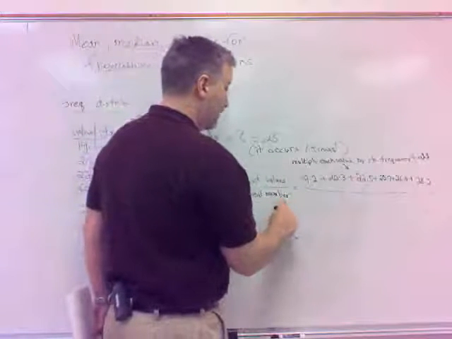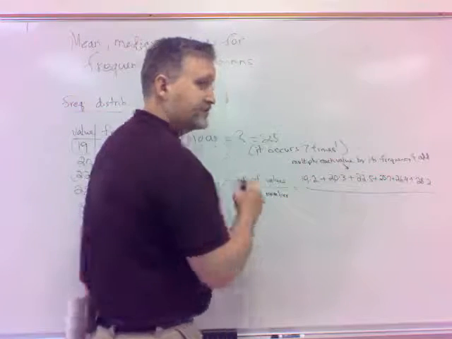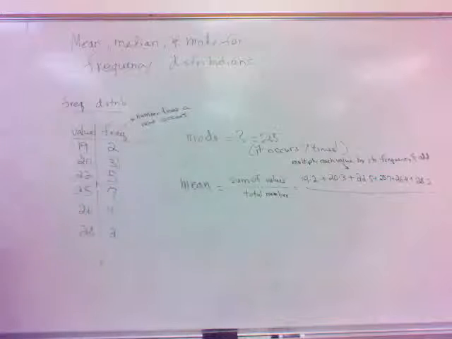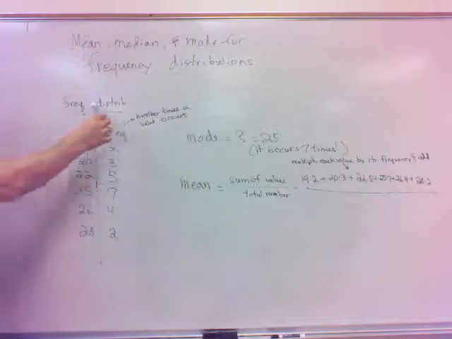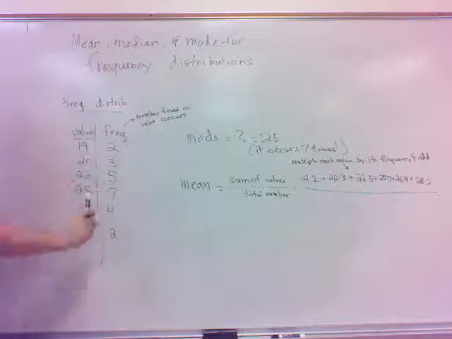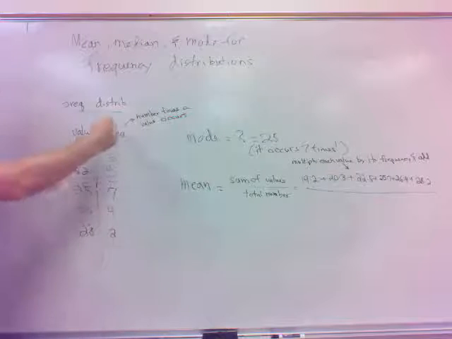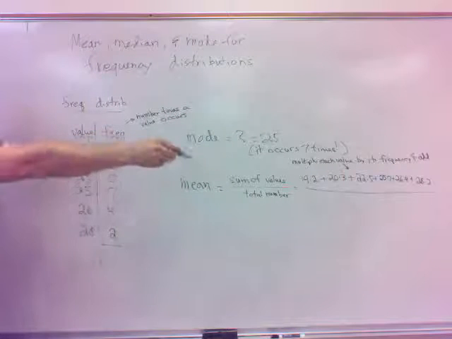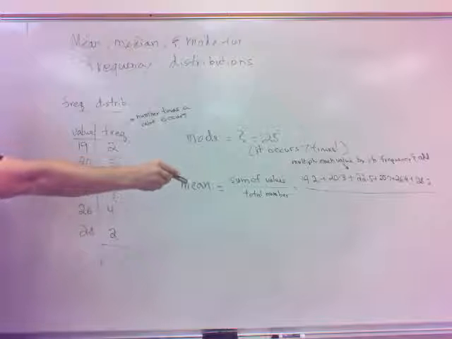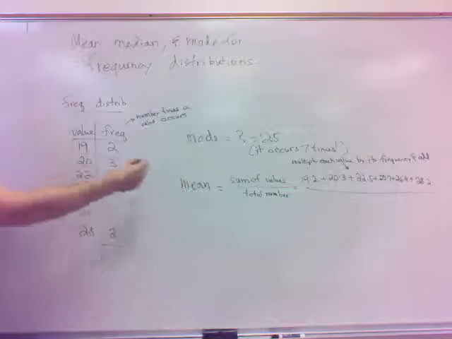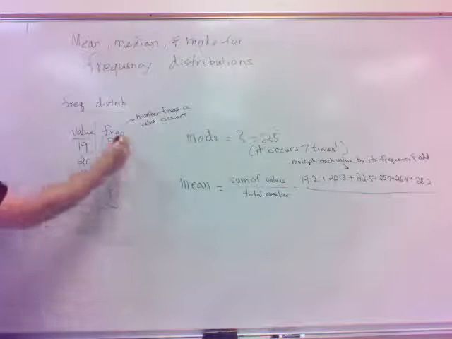Okay, let me write the rest of it here, see if you got it. All right. Now, on the total number, where does that come from? The total number of values there are. Well, again, the frequency tells me how many of each one I've got. So wouldn't it, if I added up the frequency here, wouldn't that be the total number of values there are? That's going to be the n. So I want to add these up right here.